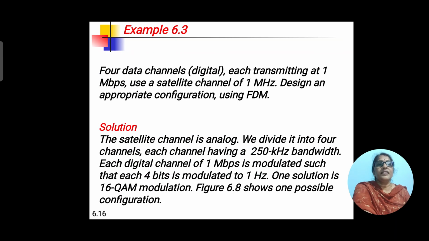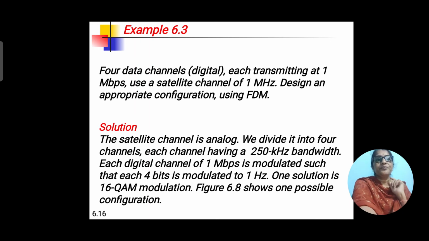So let's see another example. 4 digital data channels, each transmitted at 1 megabit per second, use a satellite channel of 1 megahertz. Design an appropriate configuration using FDM. The solution is: the satellite channel is analog.